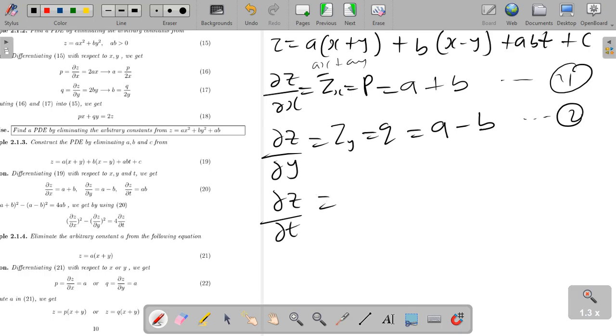So now how do we solve this 1, 2, 3 to eliminate our a and b? Is there anything to do to eliminate our a and b? I think yes. But how do we eliminate our a and b? Okay. All right.